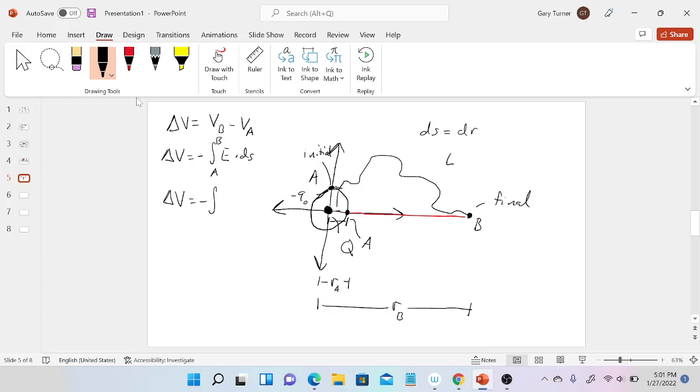And E, if you recall, for a point charge is given as K times Q over R squared. So this is going to be K Q over R squared. And technically, this is going to be R hat dotted into dr.